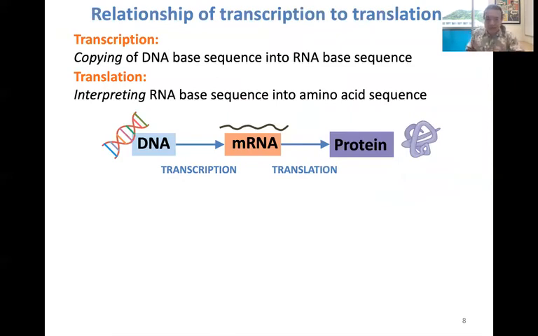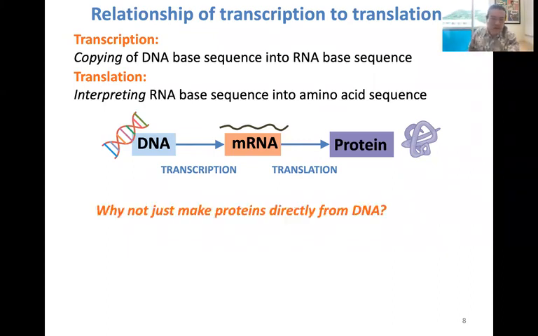So let's get these 2 different concepts clear. Transcription is essentially making copies of the DNA-based sequence, but making those copies in the form of RNA. That is like photocopying it. Translation is interpreting that genetic sequence, now in the form of RNA, and converting that into an amino acid sequence.